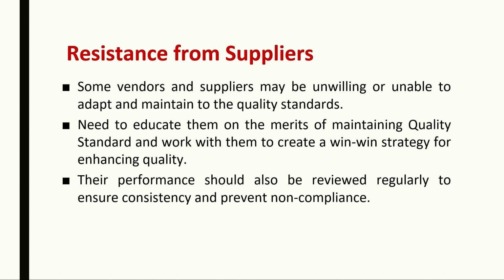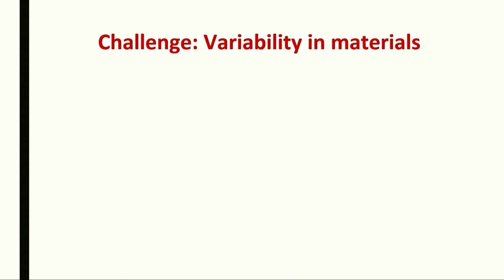And it's one thing reviewing their performance, but the other challenge, all right, is reviewing their supplies, because there may be variability in the materials that they provide us, that they sell to us. Because even with the best of suppliers, they are dependent on manufacturers from overseas and all that. It's not them who produce it.